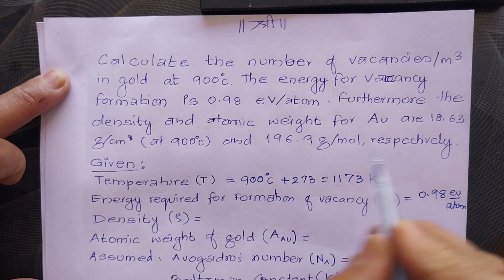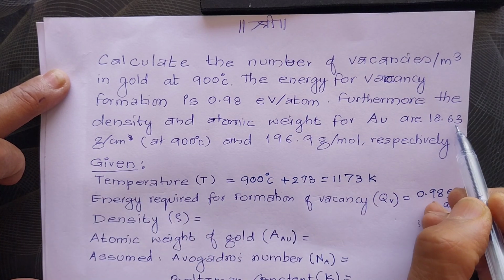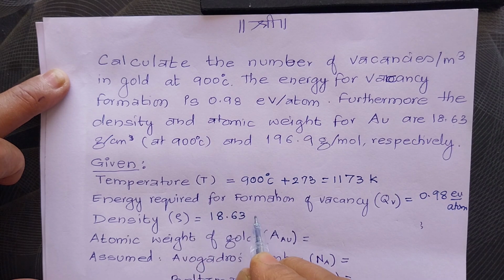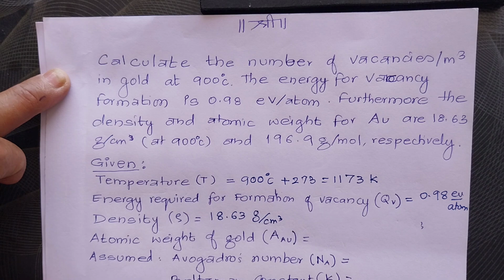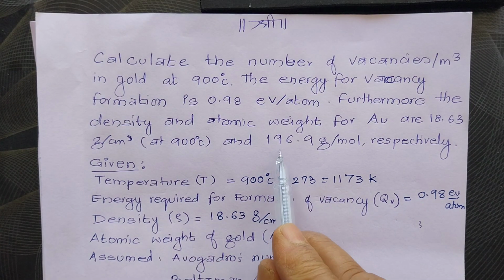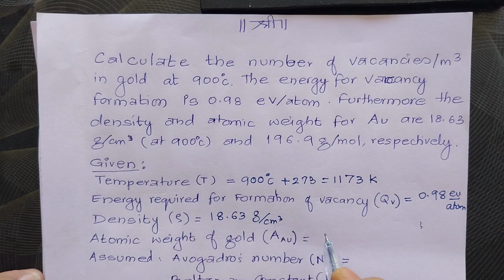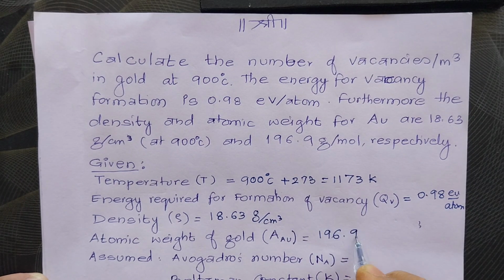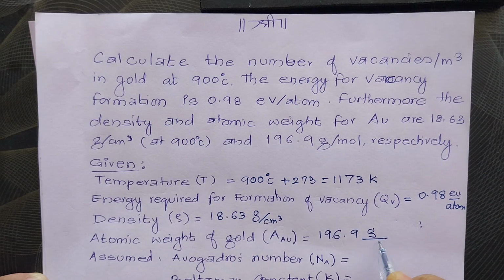The density is given as 18.63 and the units are grams per centimeter cube. The atomic weight of gold is 196.9 grams per mole.